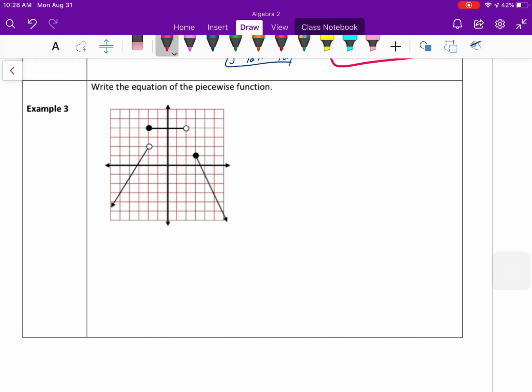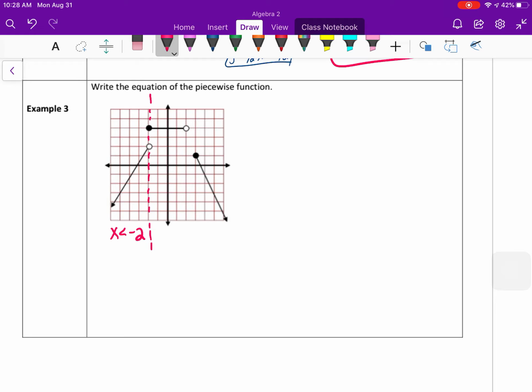This one is 3 parts, so I thought it would be good to show you what that looks like. So here we have 3 pieces of this piecewise. From right here is at x equals -2. So from the left of that, you have x is less than -2.